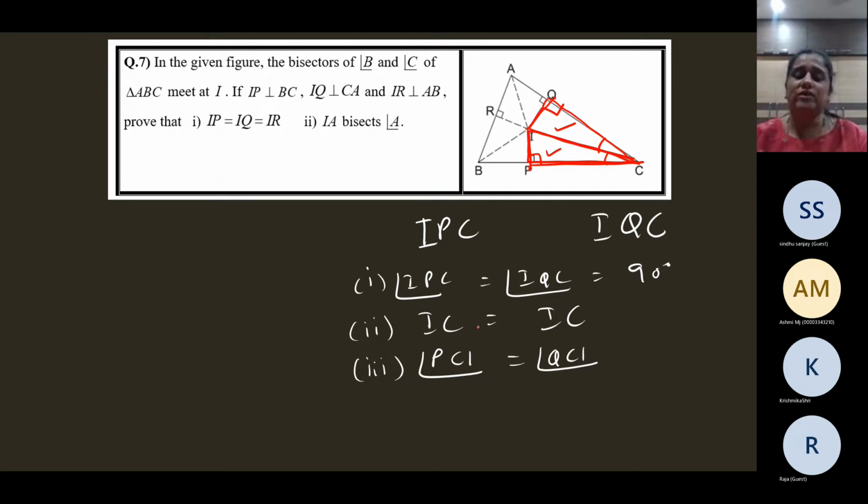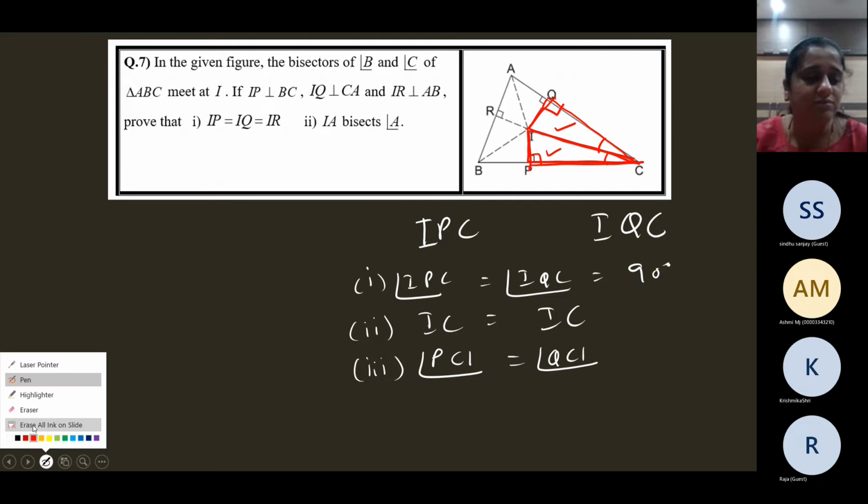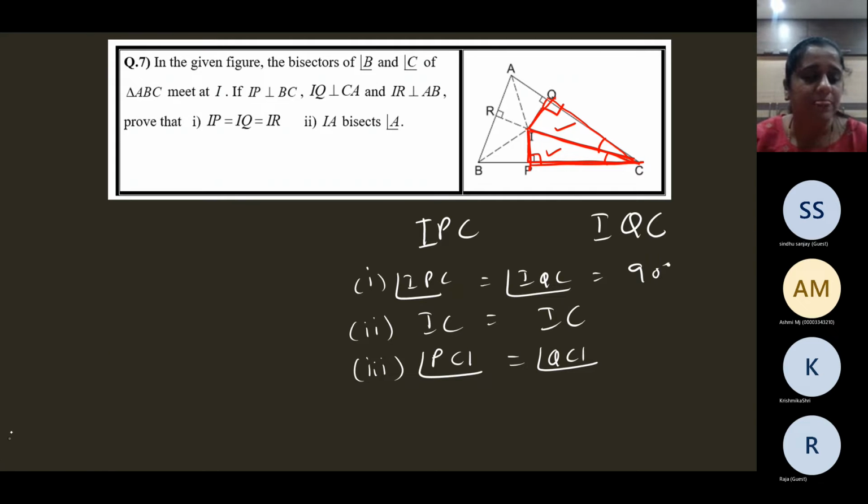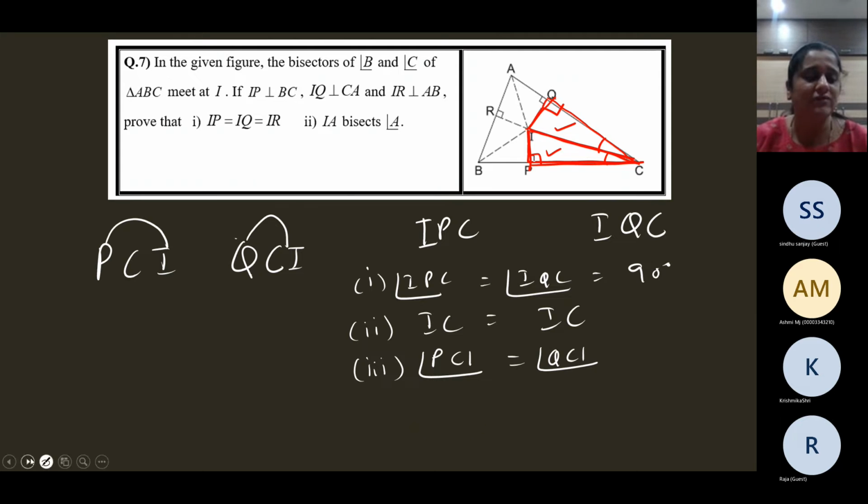So CPCT, name the triangles in the correct order. Now see, the equal angles are P and C, no? So if you say PCI in the first triangle, P is Q there, C is C only, QCI. So you can clearly see that PI is equal to QI. So the first part we proved.